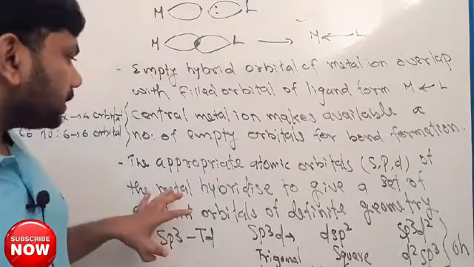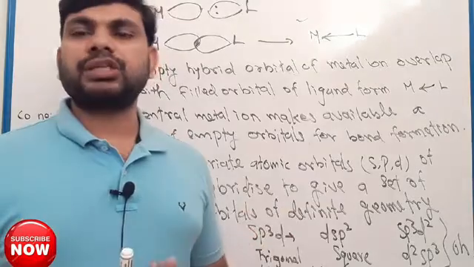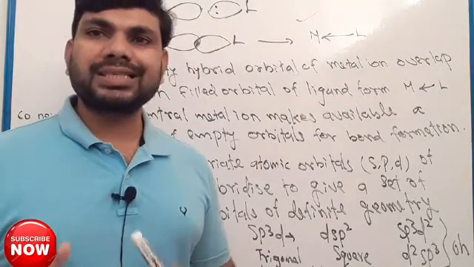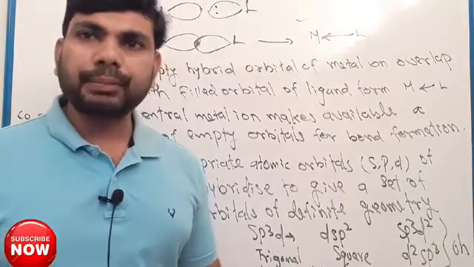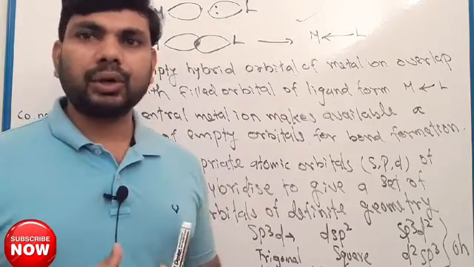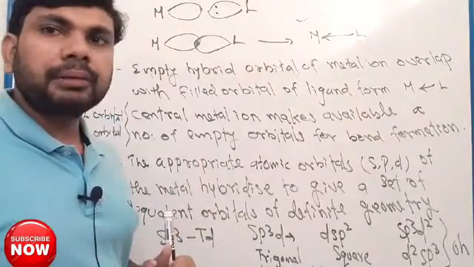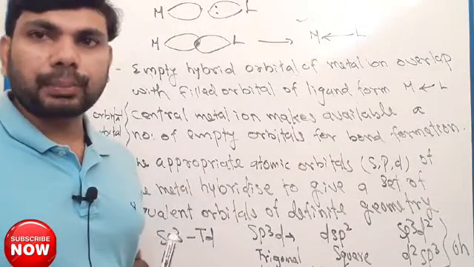So in the central metal atom, suitable orbitals such as s, p or d orbitals will hybridize. Here we discussed that the central metal atom makes available empty orbitals.